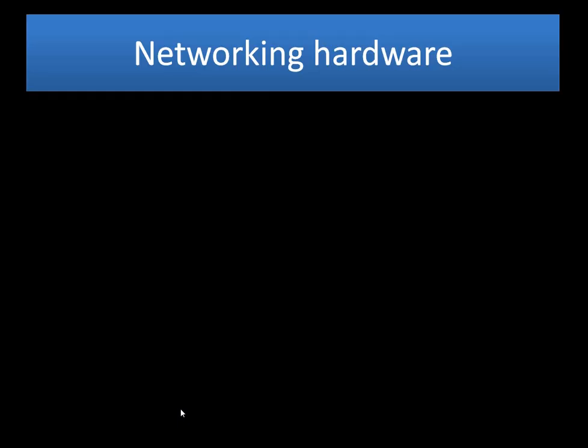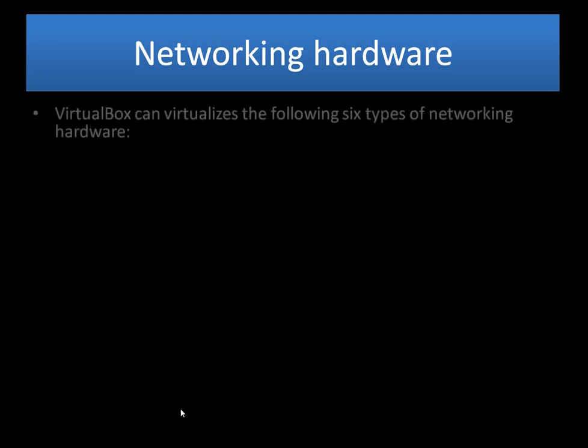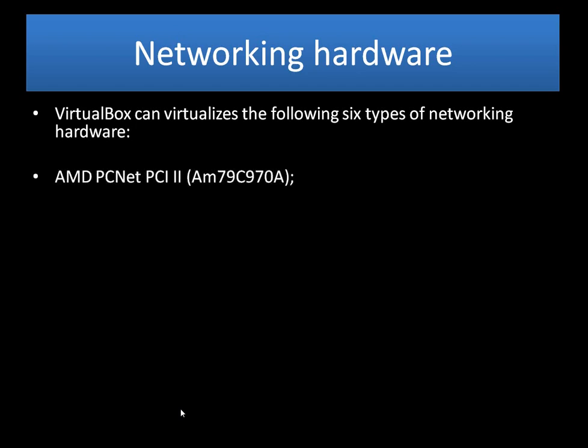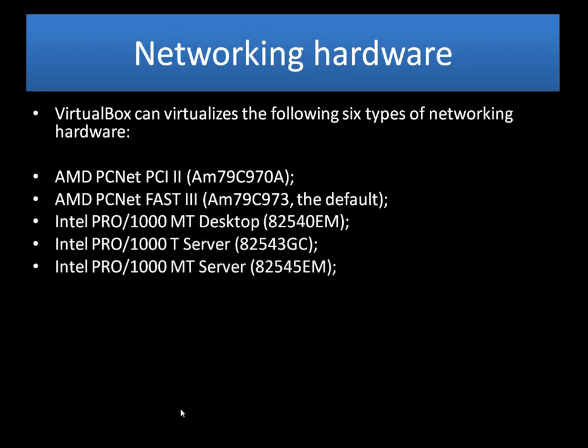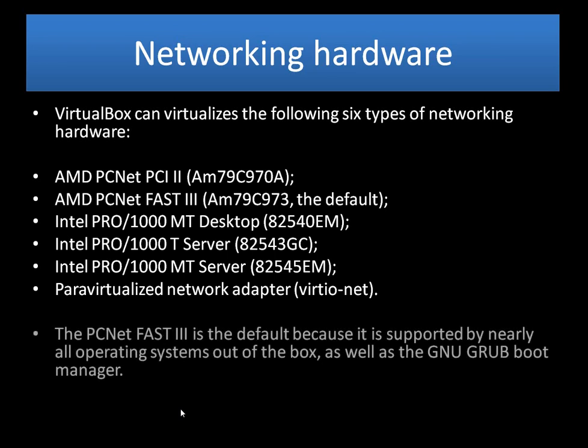The next thing is networking hardware. VirtualBox can virtualize the following 6 types of networking hardware: first PCNet PCI II, PCNet FAST III, Pro 1000 desktop, Pro 1000 server, Pro 1000 MT server, and this is the paravirtualized network adapter.